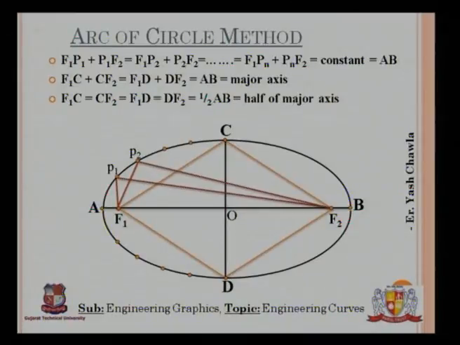What conditions are these? F1P1 plus P1F2, that is F1 to P1, any point on the ellipse, plus P1 to F2, like the distance of any point from one focus plus the distance of that point from the other focus, should be equal to F1P2 plus P2F2.